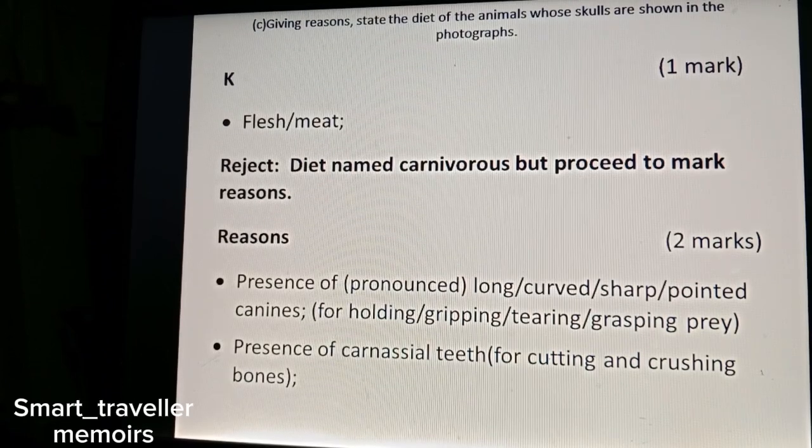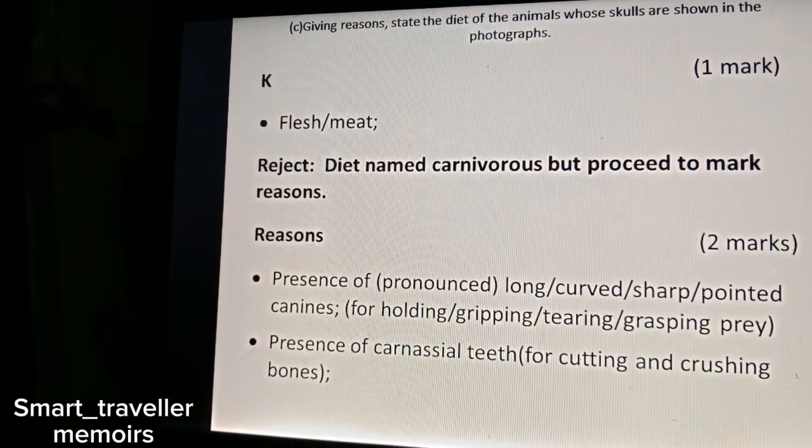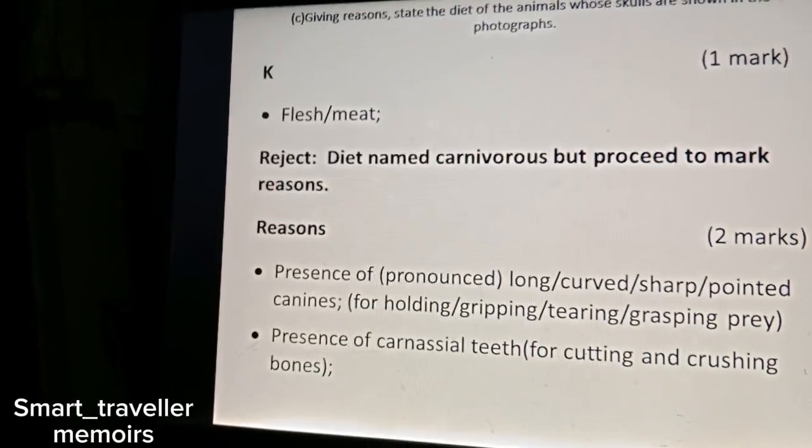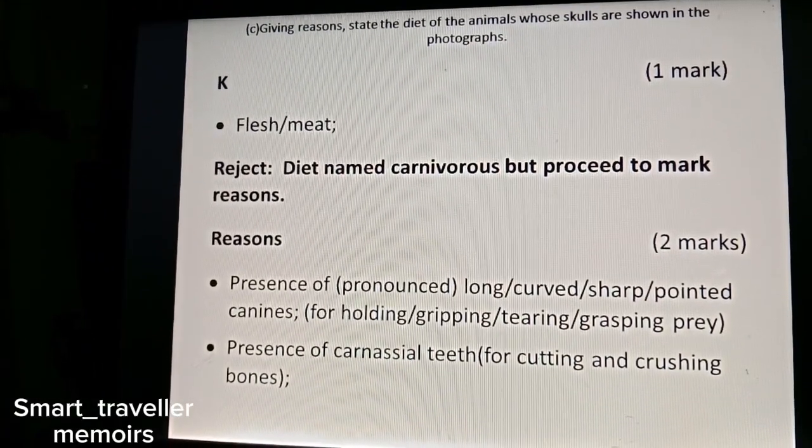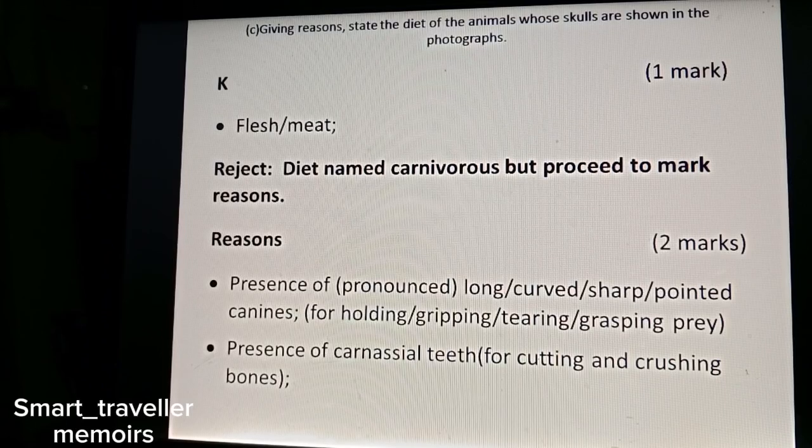Giving reasons, state the diet of the animals whose skulls are shown in the photographs. K, flesh or meat. Reject diet named carnivorous, but proceed to mark reasons.